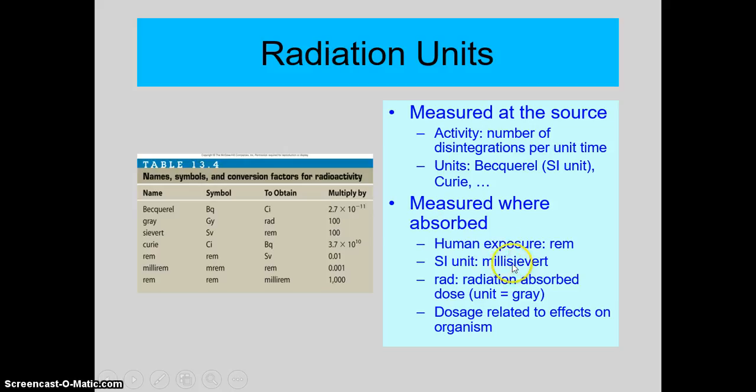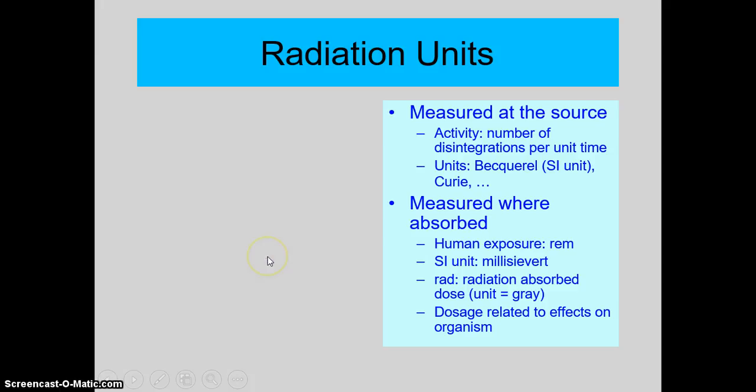There's what are called millisieverts. There's rad. There's lots of other ones. Becquerel. There's Curies and things like that. REM or millirem are good ones for basically measuring how much the human body can take.